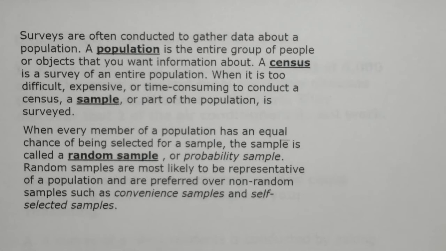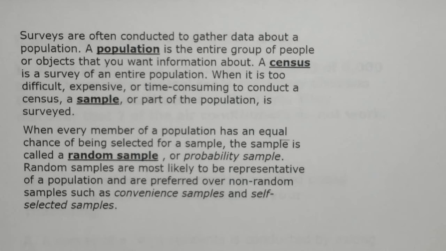Now, a random sample, which we always want to try to get, represents the population. It's so important for you to remember that in a random sample, every single person has an equal chance of being selected. That is a true random sample. If it's not random, you may be over-representing or under-representing people.